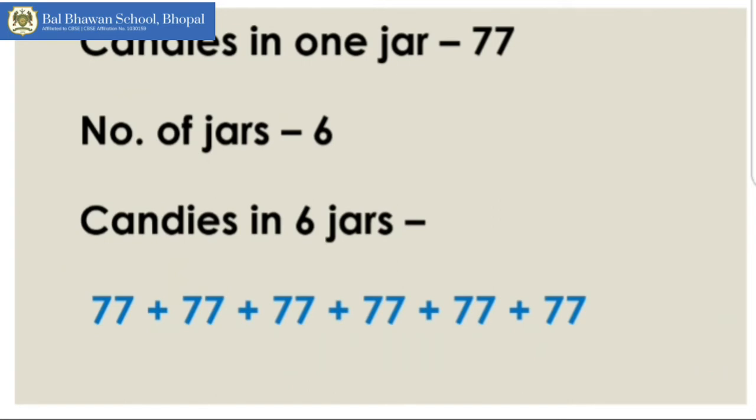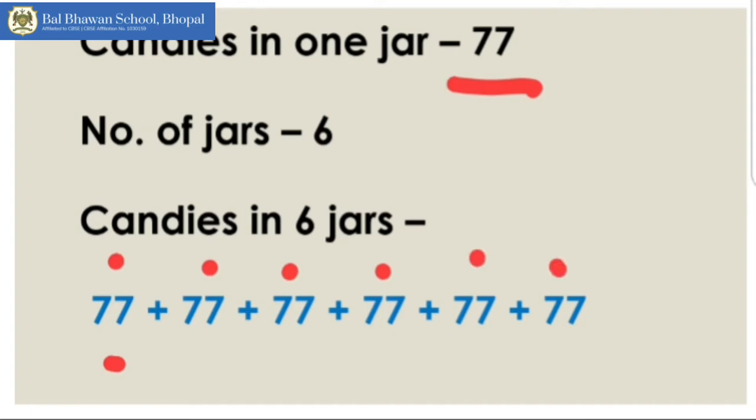She has written 77 6 times, because in one jar 77 candies are there. So in 6 jars, how many candies will be there? You have to add 77 6 times: 77 plus 77 plus 77 plus 77 plus 77 plus 77.